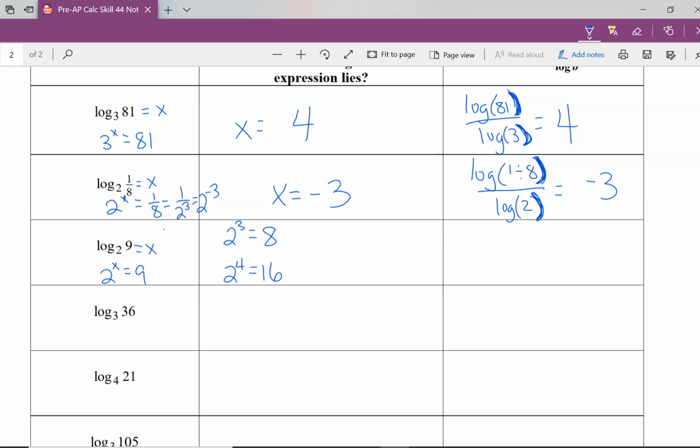And I know 9 is sandwiched in there somewhere, so the exponent has to fall between 3 and 4. If I want to plug this in on a calculator, I do log of the 9 argument divided by the log of the base of 2. Make sure you close those parentheses. If you don't, you'll get an error. You get 3.170, which is between 3 and 4.